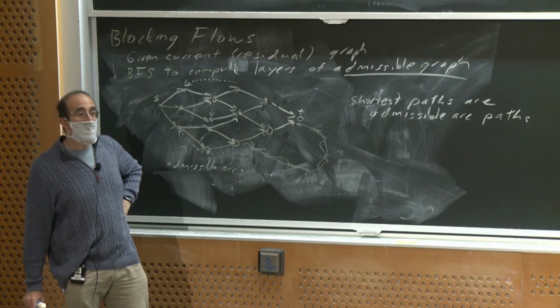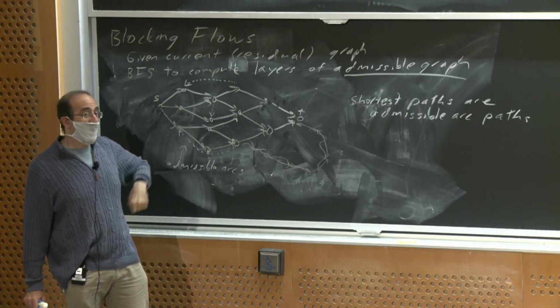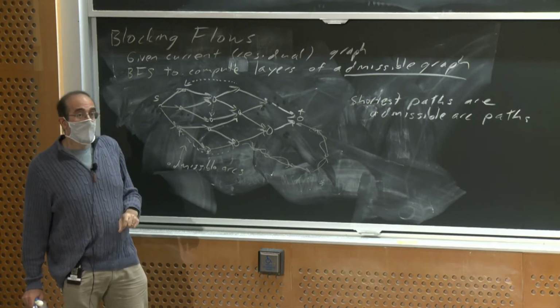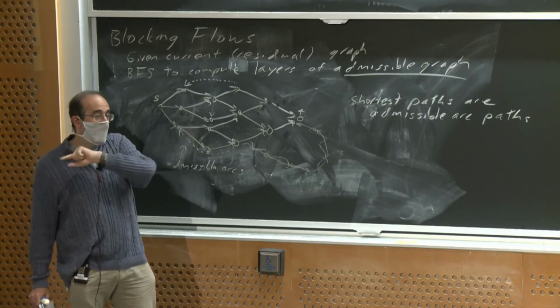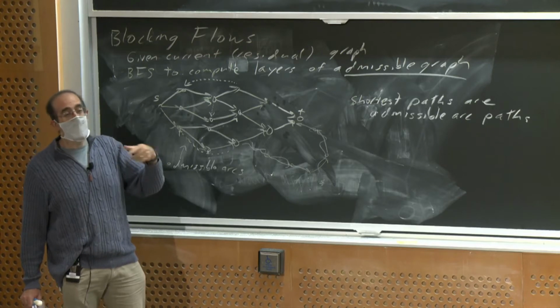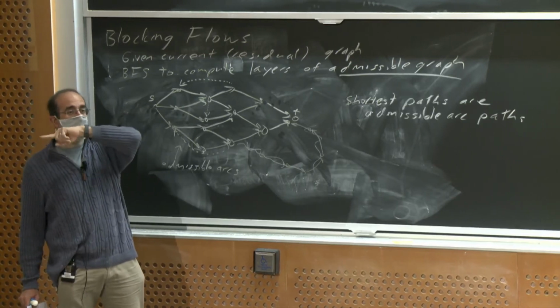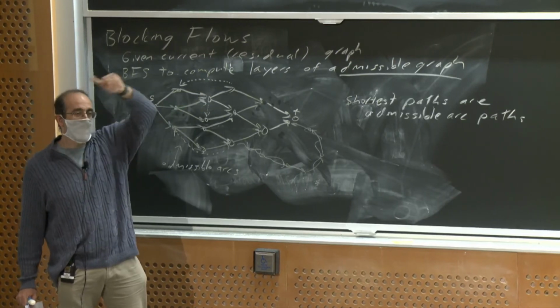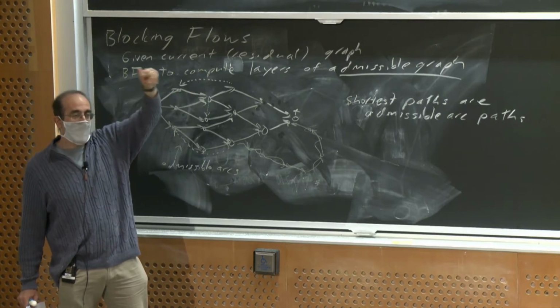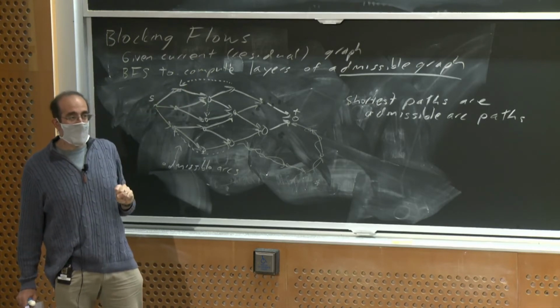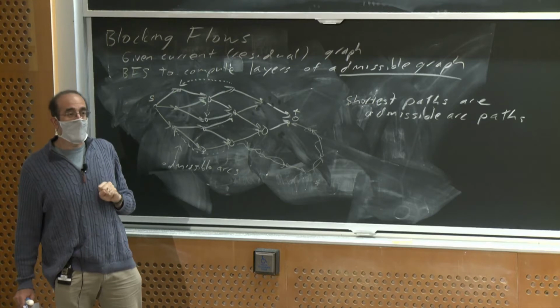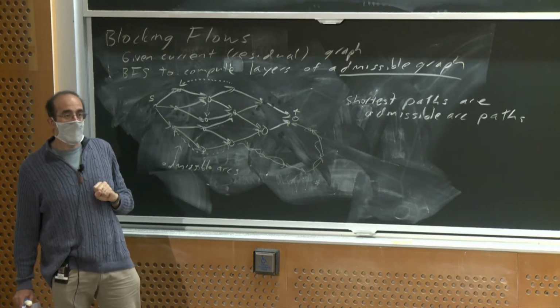But I can block that path. If I saturate that path, if I find the minimum capacity on that path, or sorry, this is for the unit capacity case. So I guess, yes, I can remove all of them. I'm going to send 1 unit of flow, and that means that I will saturate all of the edges on that path, and they will be gone now.